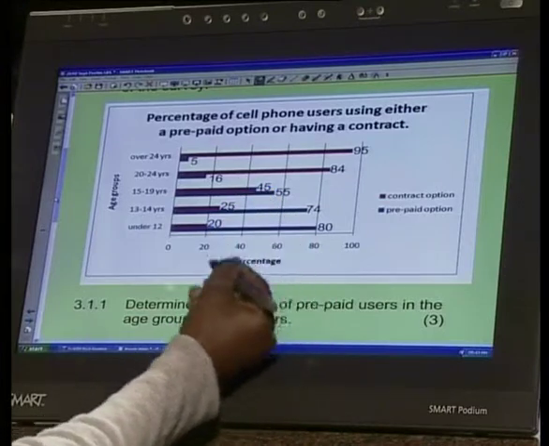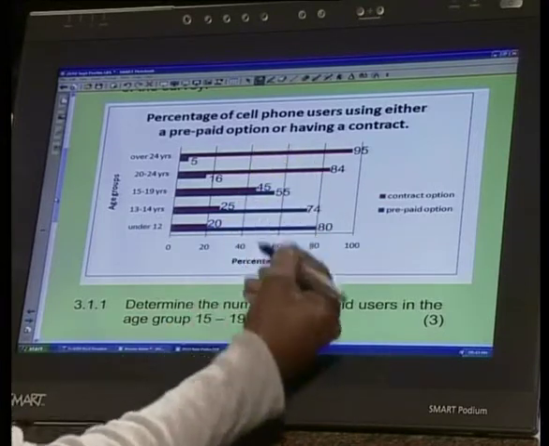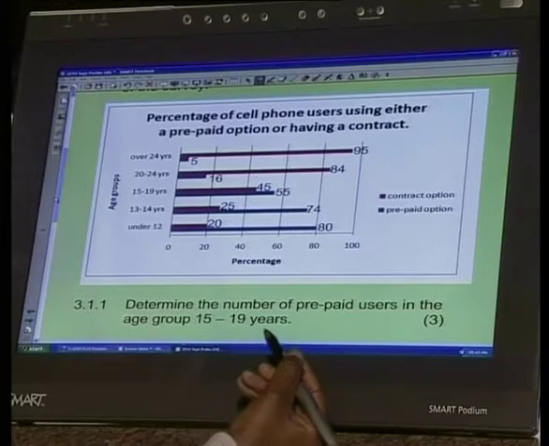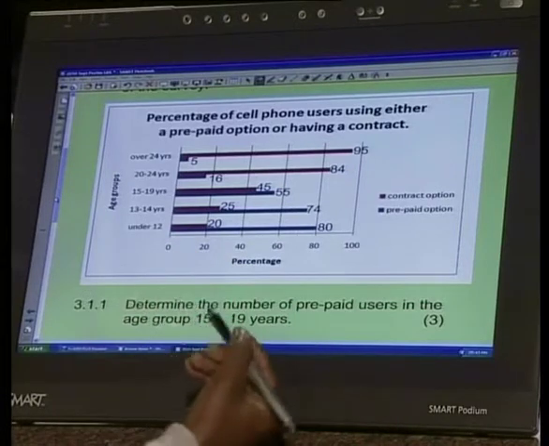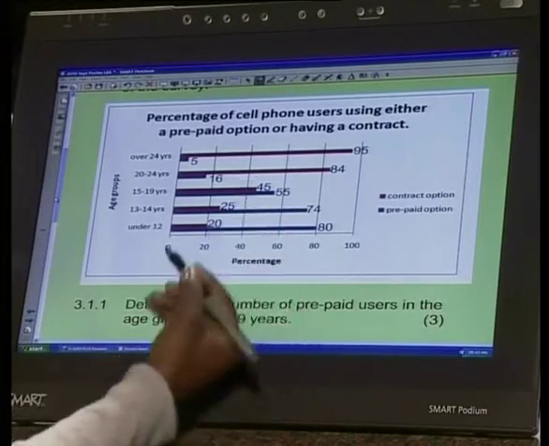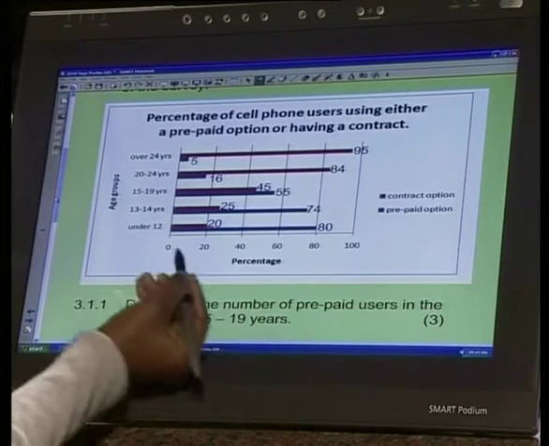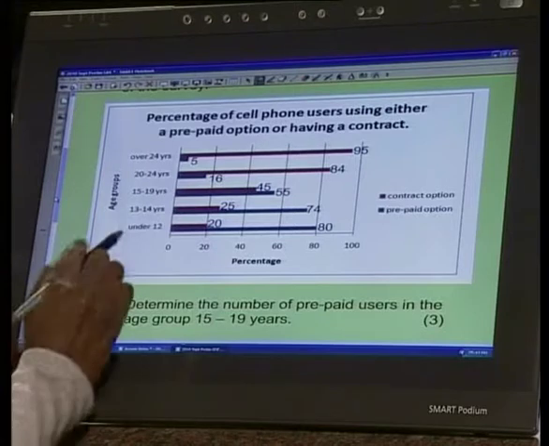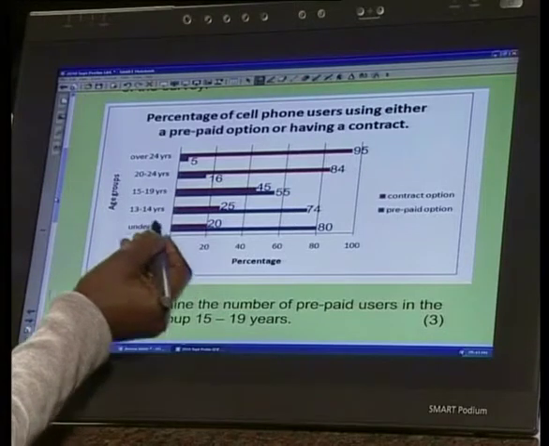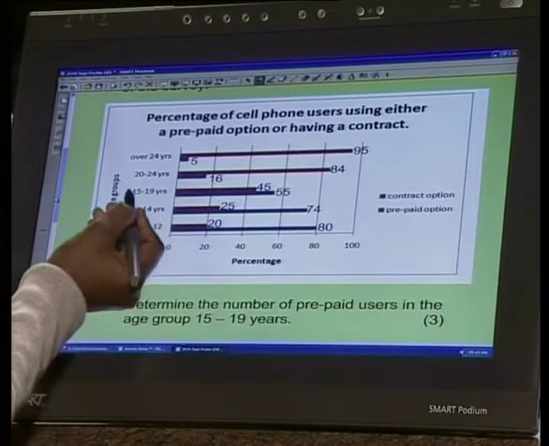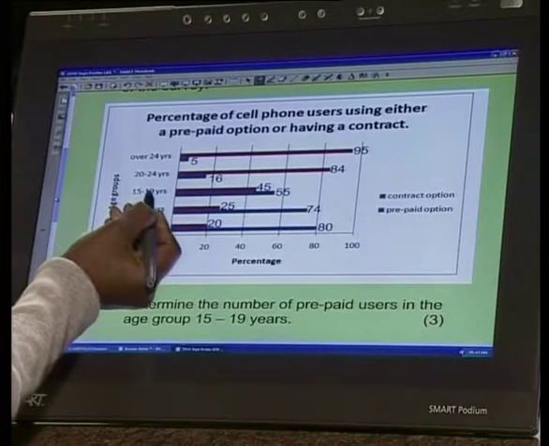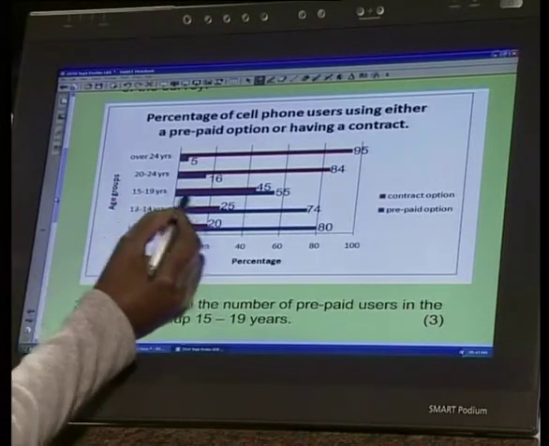Remember, this is not just any number, it's a percentage. You'll realize today we're working a lot with percentage here because that's what Maths Lit is all about. Now, they say the age group 15 to 19 years, so you look on your y-axis. This one is under 12, 13 to 14. Now you go to the one for 15 to 19 years. So that's exactly where you are.